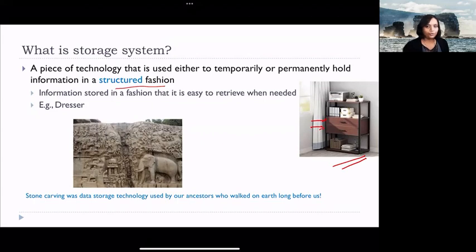But if you do not know what you stored and you just stored a mix and match of all possible items there, then if you are searching for your phone charger, you wouldn't know which drawer to look in, right? So organizing information in a particular structured fashion is very critical for designing any good storage system.